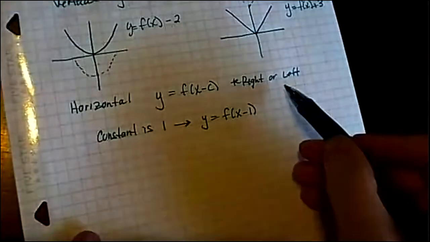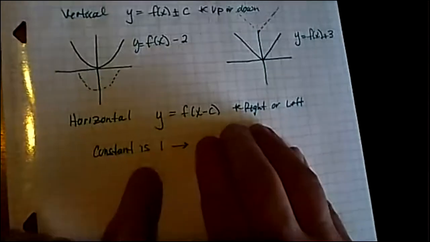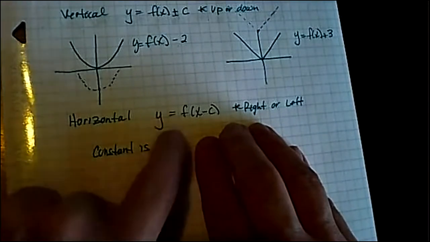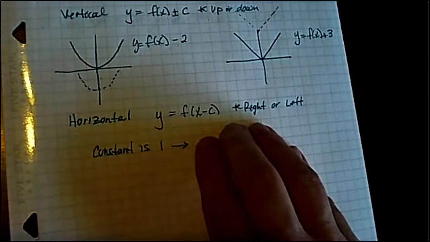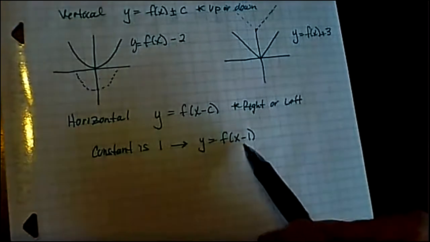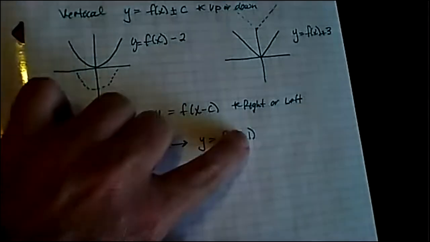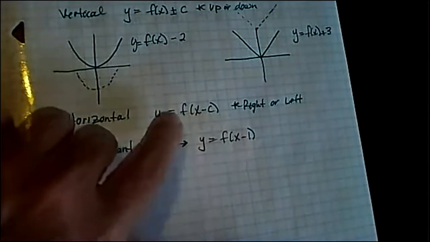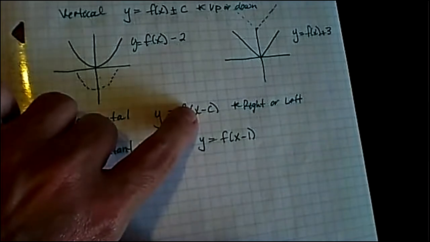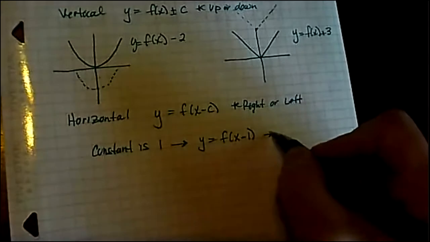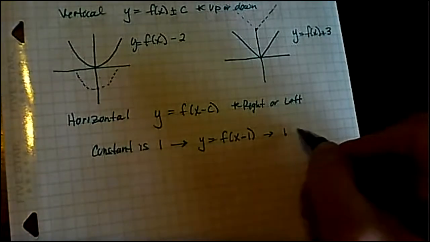Well, if it's a positive 1, would you agree I'm going to want to shift it 1 to the right? And that's correct, you do shift it 1 to the right. But it looks like when I put it in here, I'm saying move it 1 to the left. But C there is 1. It's just because the formula has a negative, but C is a positive 1. So this is going to be a shift 1 to the right.